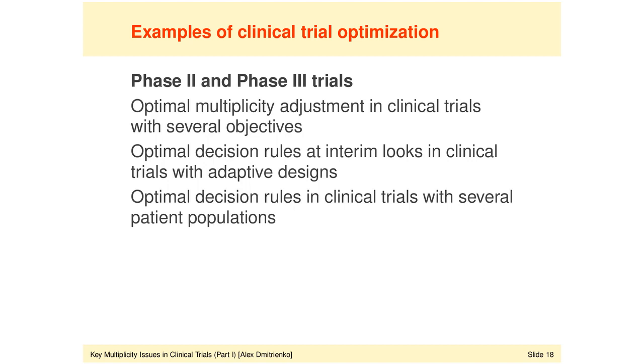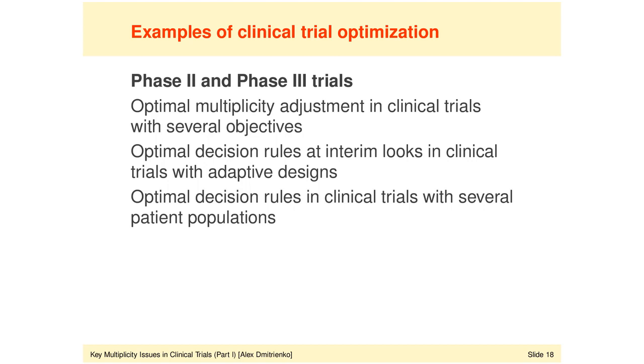Of course, an appropriate example in the context of this course would be optimal selection of a multiplicity adjustment in a clinical trial with several objectives, as well as optimal selection of individual parameters, for example, hypothesis weights in a multiple testing procedure. I would like to mention other examples of clinical trial optimization that were considered in recent papers.